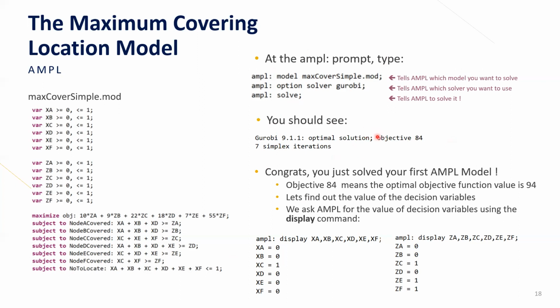It should be the same as the example we showed previously, and this shows the value of the objective function, 84. It is achieved by 7 simplex iterations, so you're using simplex.